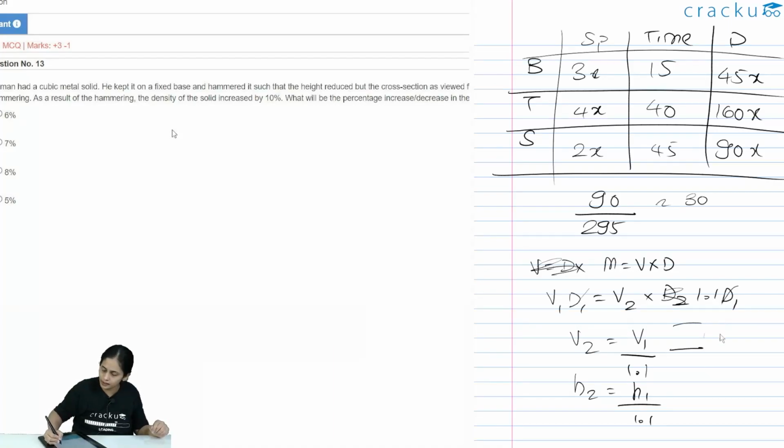It's a cube, so h1 is s, and this is s by 1.1.